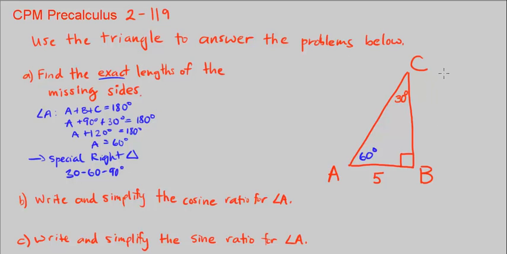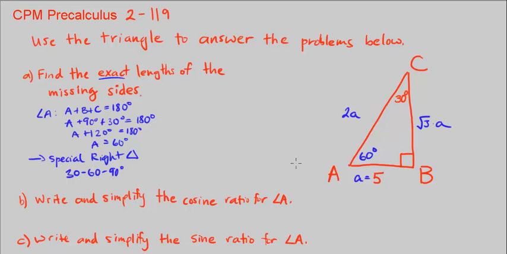So given that it's a special right triangle, I know that the side opposite of 30 degrees is just some value a. Usually I call it a. So I'm going to say a is equal to 5. The side opposite of 90 degrees is going to be 2a. And the side opposite of 60 degrees is square root of 3 times a.